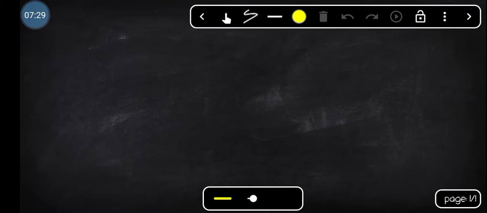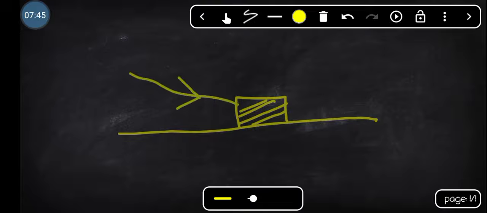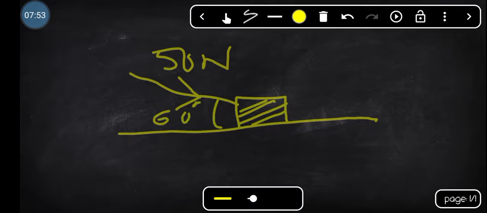Let's take for example, let's look at a horizontal plane. Let's look at this object. A boy applies a force of 50 Newton at an angle of 60 degrees to the horizontal.